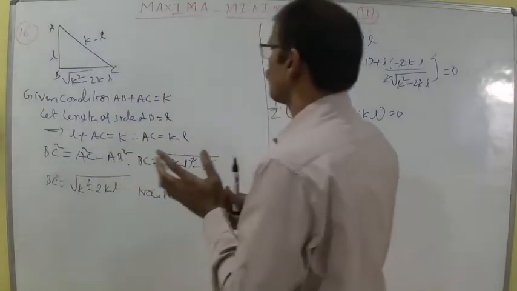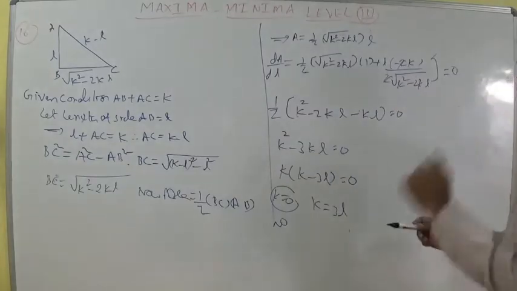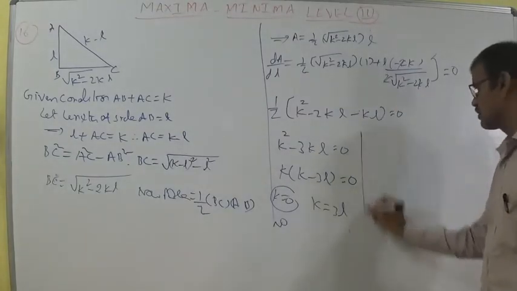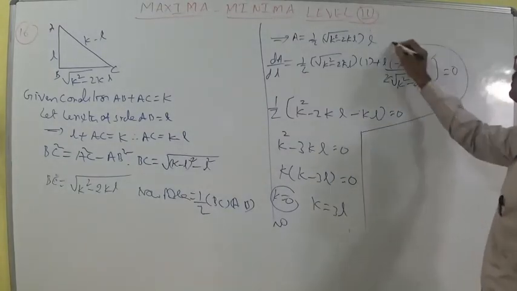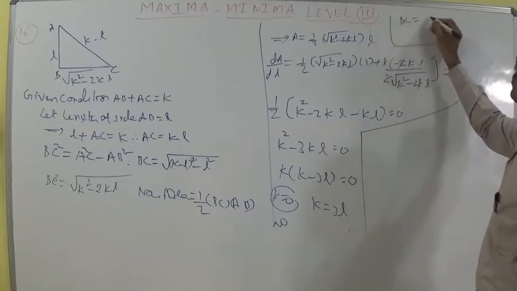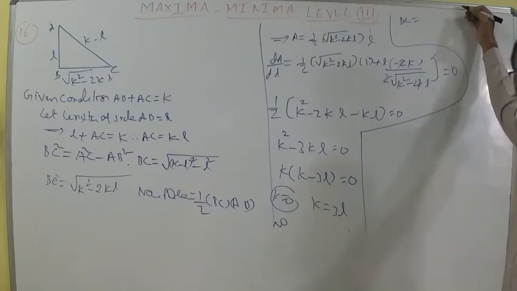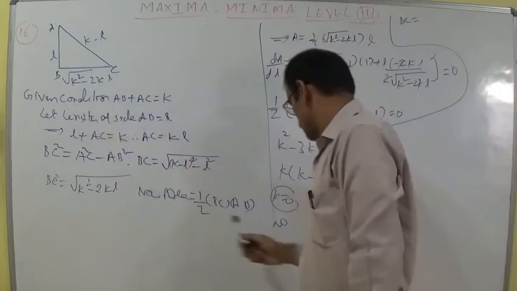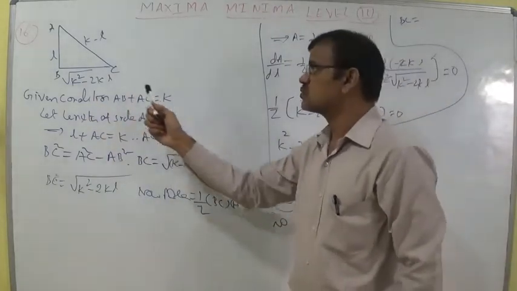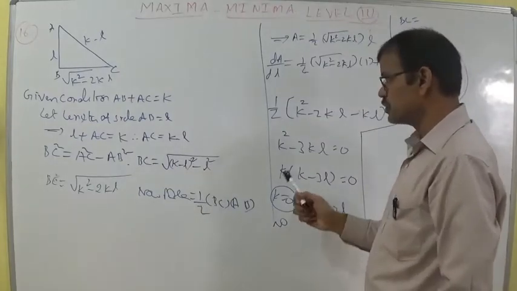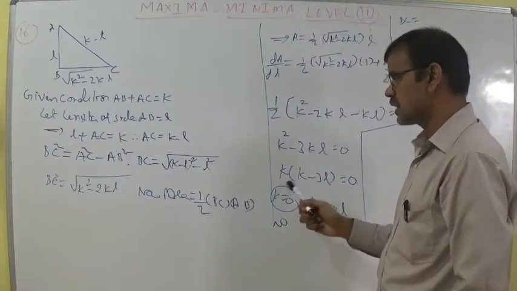Using K is equal to 3L, let us find BC. BC is equal to the square root of K square minus 2KL. The value of K square is 9L square, and 2KL means 2 into 3L into L, which is 6L square.